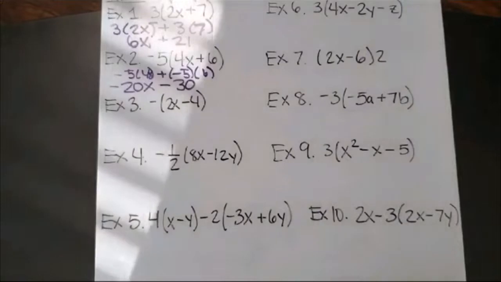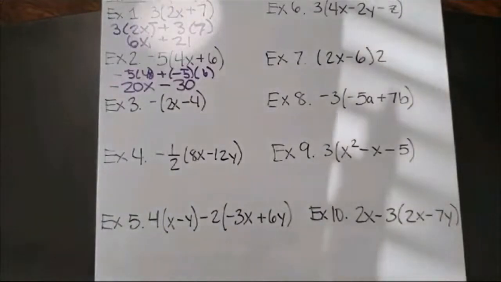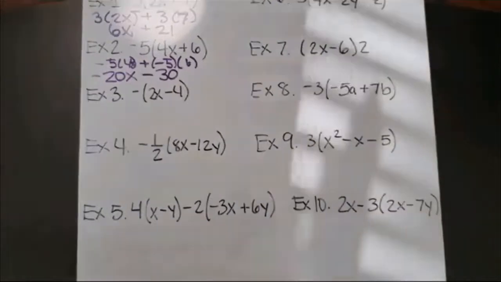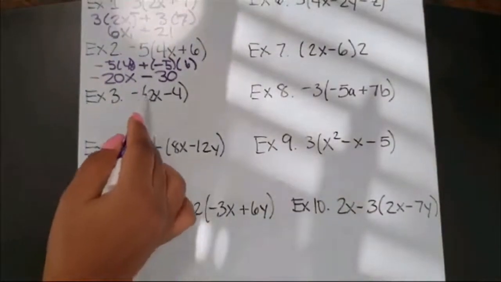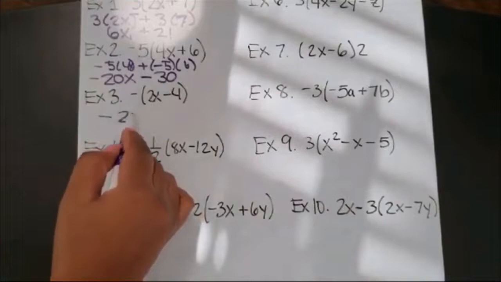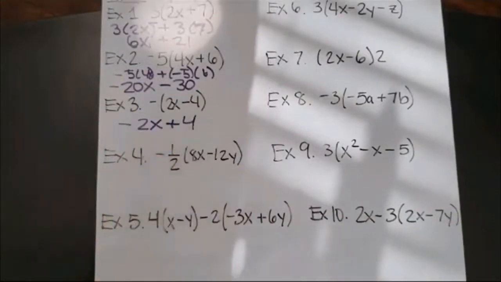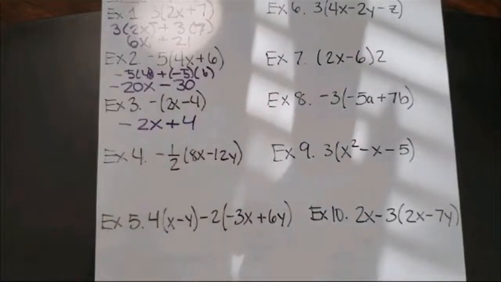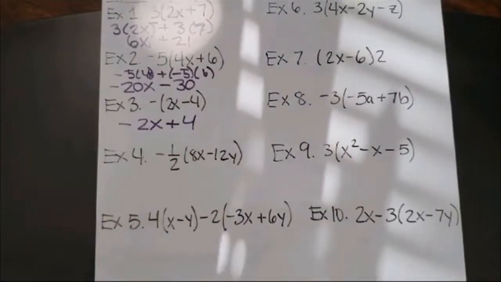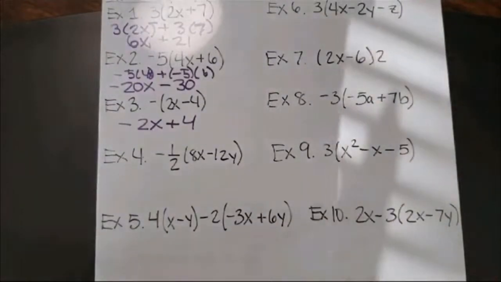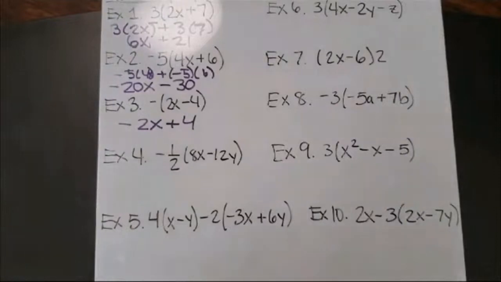And what that basically means is that everything inside of the group, the sign is going to change. So where this is positive, now it will be negative, and where this is negative, now it will be positive. So we distributed that -1 through, which means we multiply everything by -1.